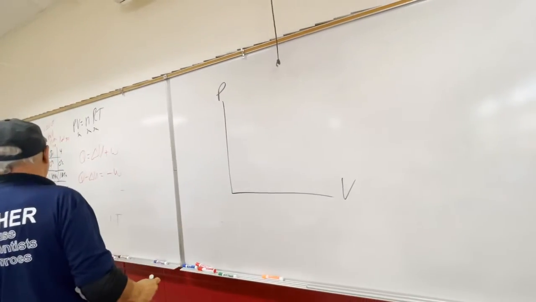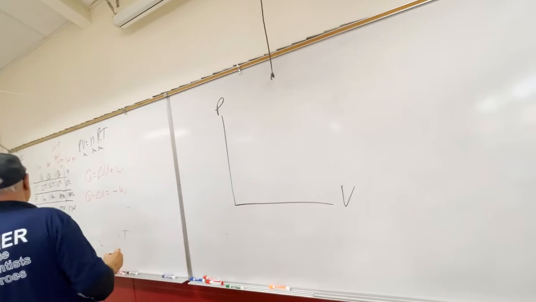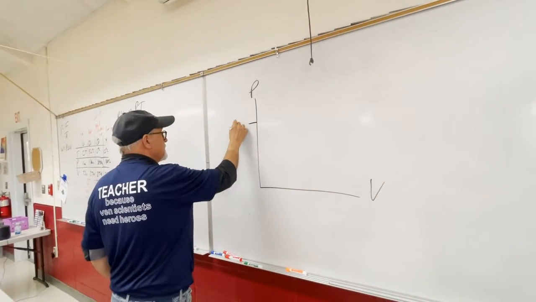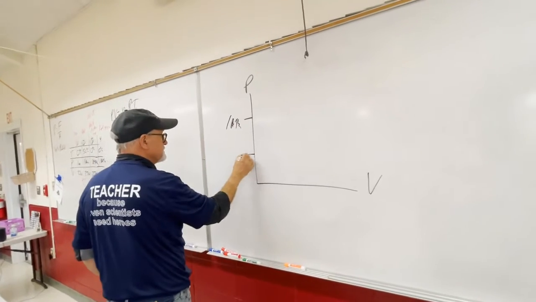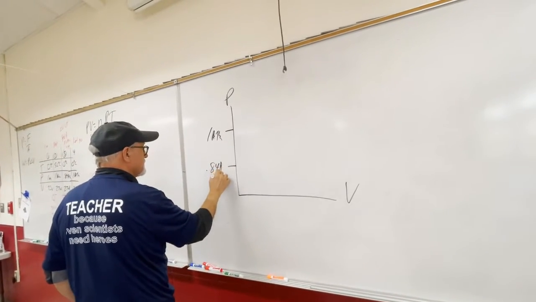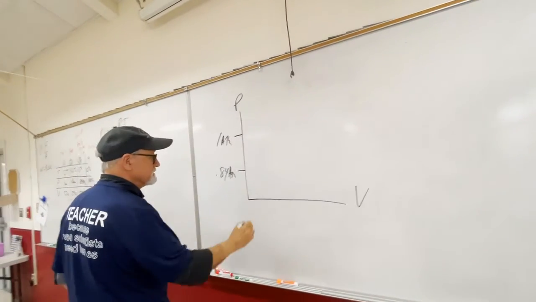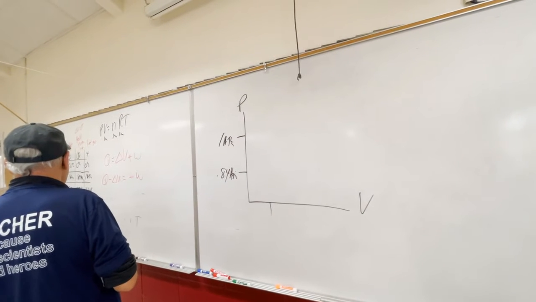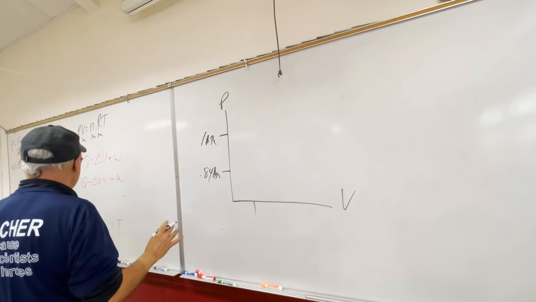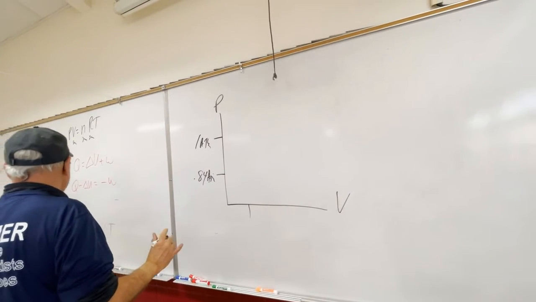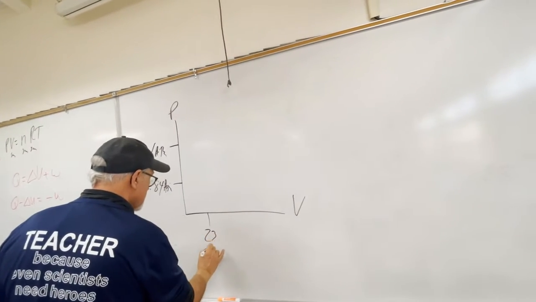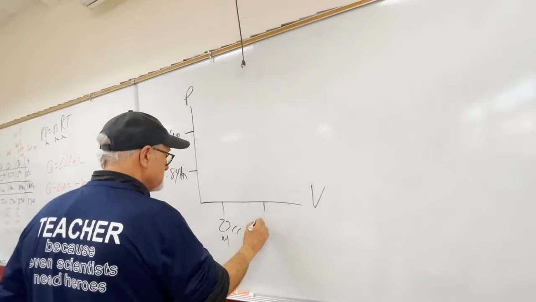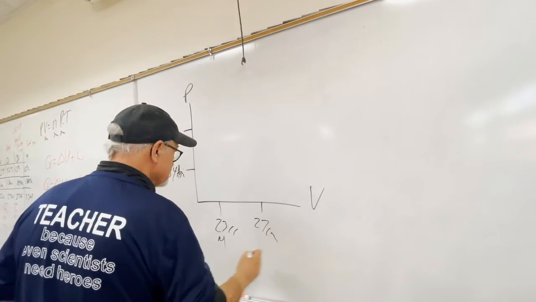Our pressures go from 1 atmosphere to 0.84 atmospheres. And our volume goes from, and here we're going to have a little problem, from 23 milliliters or cubic centimeters to 27 cubic centimeters.